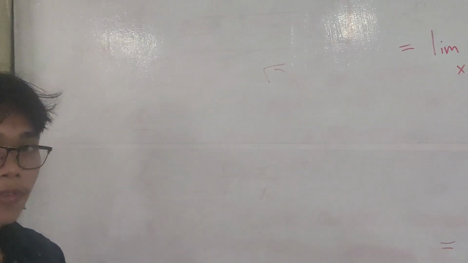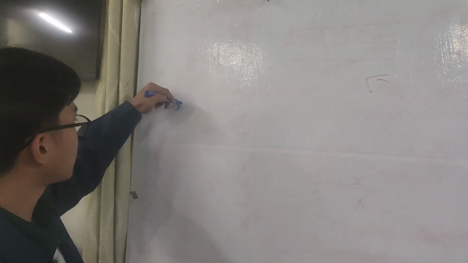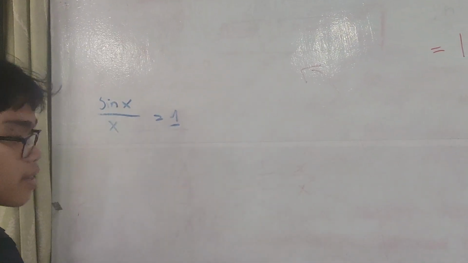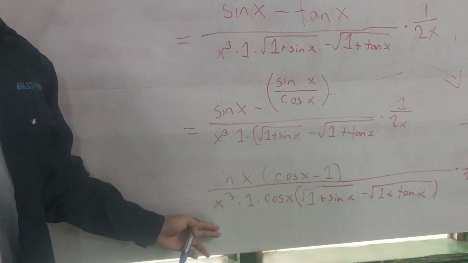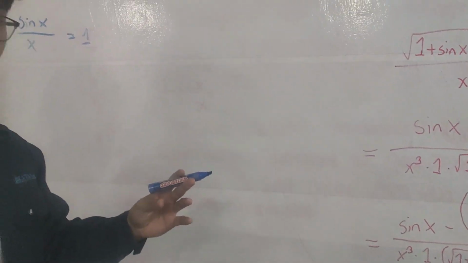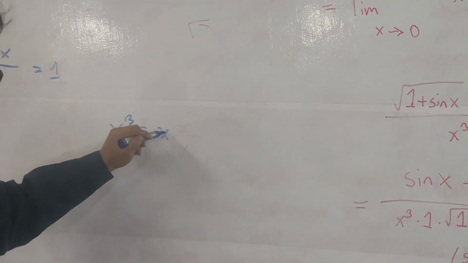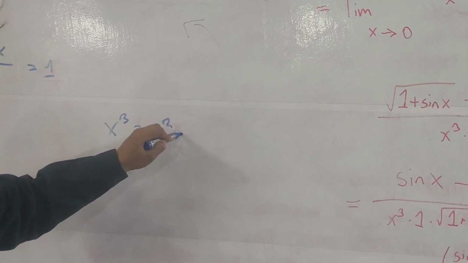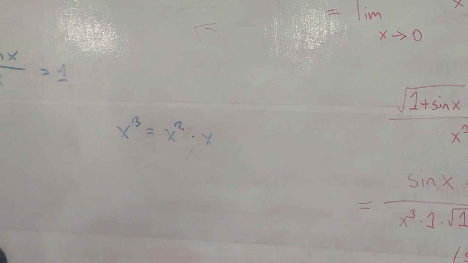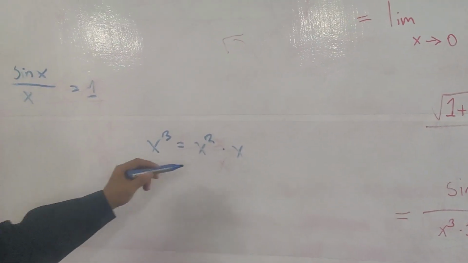The first step of simplifying is the special limit of sine x over x, which equals 1, right? But notice here how there's only x to the power of 3. We can expound that x to the power of 3, which is x to the power of 2 times x, and it would still remain the same. But for the sake of simplifying this entire equation, we will have this.